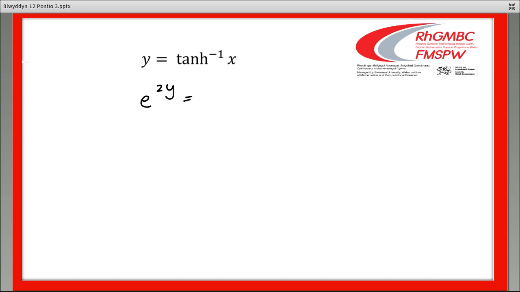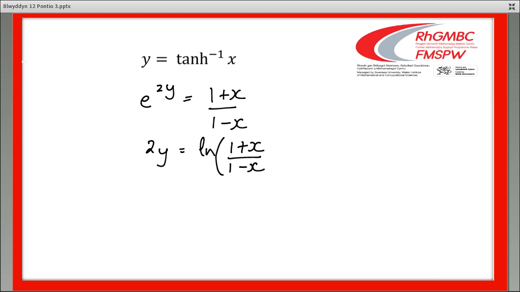e to the 2y equals 1 plus x over 1 minus x. So 2y equals log of 1 plus x over 1 minus x. And so y equals a half log of 1 plus x over 1 minus x.